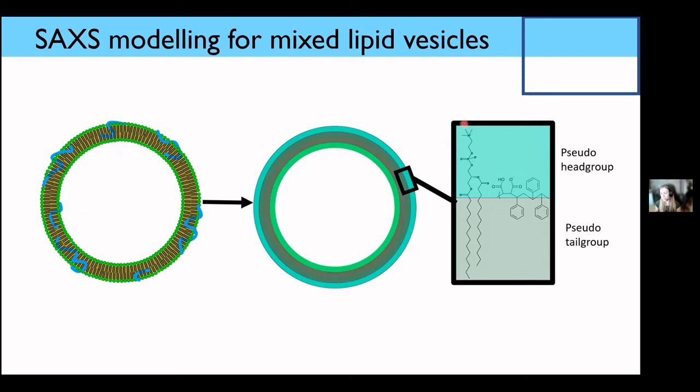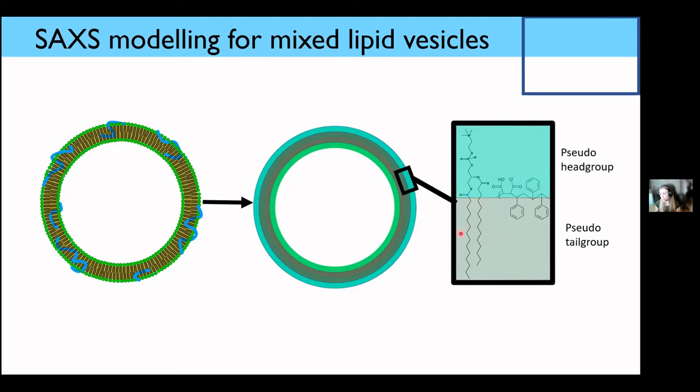In this case, we calculate the scattering length densities by creating a pseudo molecule, which consists of the lipid along with some fraction of the SMA polymer. For the head group, we calculate it as the head group plus some fraction of the malic acid.